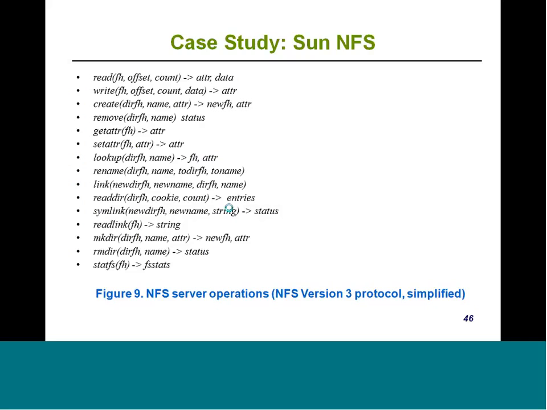Remove just returns the status, whether it got removed or not. Again, we give just the directory file handle and then the file name. The get attribute command takes a file handle and gets the attributes related to that particular file. Then set attribute will set them.